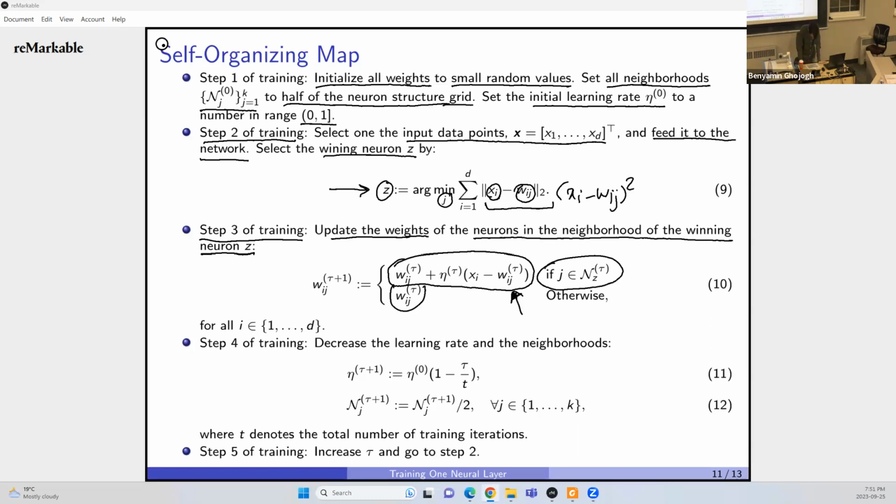Okay. So when I do that, then step 4 of training: decrease the learning rate and neighborhoods. So the learning rate is decreased. Why? Because exactly as in deep learning, we explore more first, because initially we are not close to the solution, so we jump with higher steps.